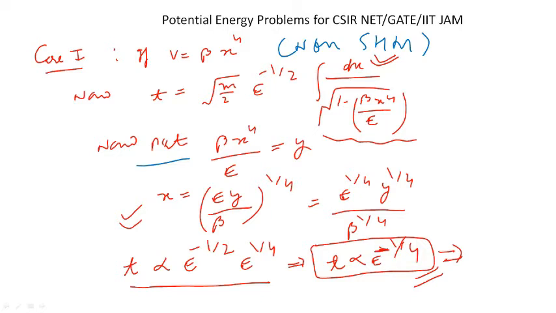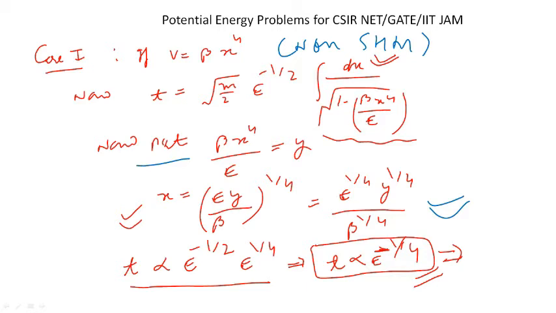I already defined it as a dimensionless variable. So we will find the value of x, which comes out to be (Ey/beta) to the power 1/4, or we can write it more easily as E to the power 1/4 y to the power 1/4 beta to the power minus 1/4.